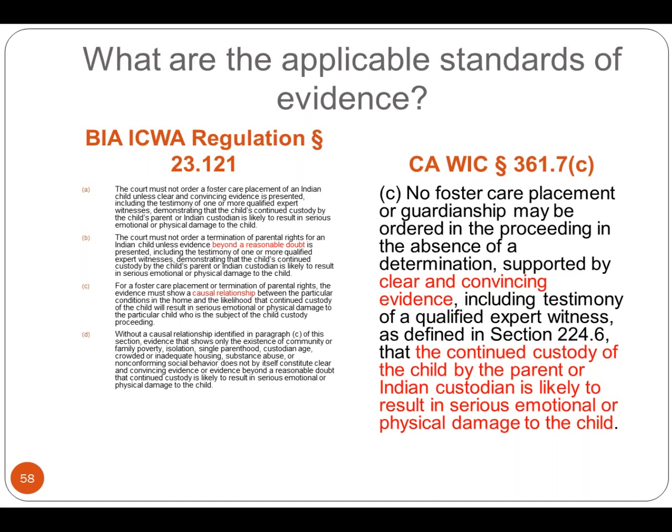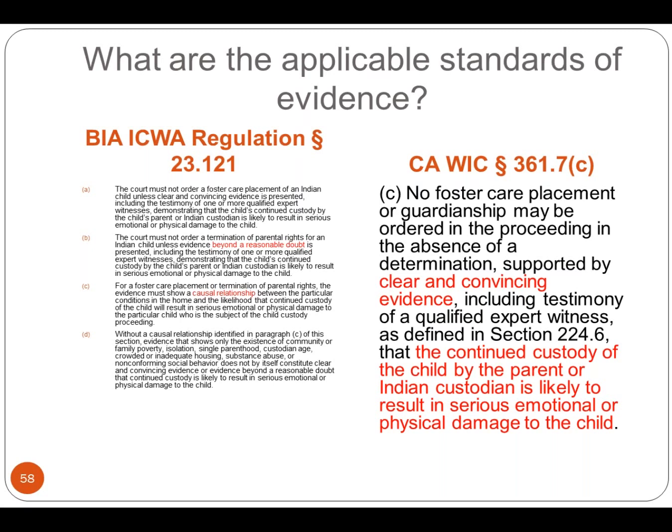Subsection C of Section 23.121: for a foster care placement or termination of parental rights case, the evidence must show a causal relationship between the particular conditions in the home and the likelihood that continued custody of the child will result in serious emotional or physical damage to the child subject to the proceeding.